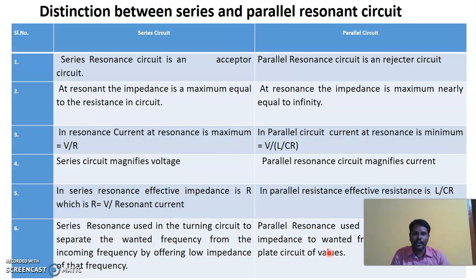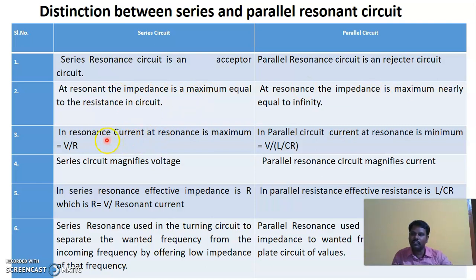Now let us understand the difference between series and parallel resonant circuits. Series resonant circuit is an acceptor circuit, whereas parallel resonant circuit is called the rejector circuit. At resonance in a parallel circuit, impedance is maximum, whereas in a series circuit at resonance the impedance is minimum, equal to resistance.